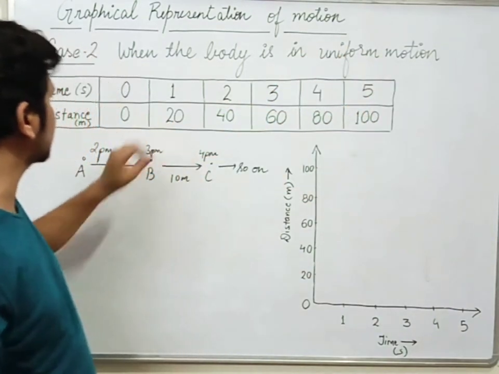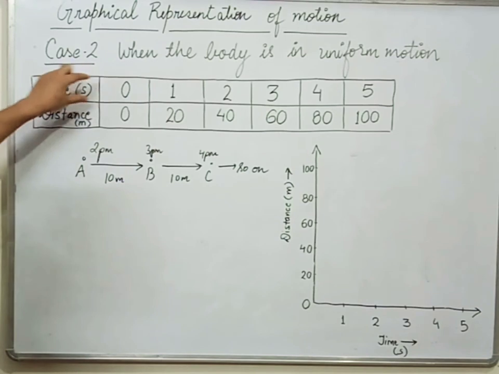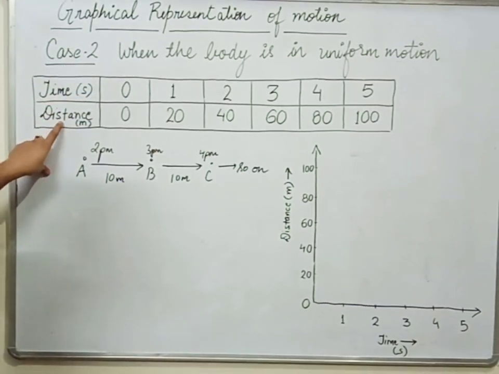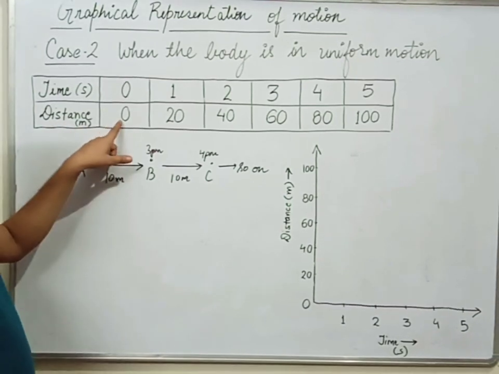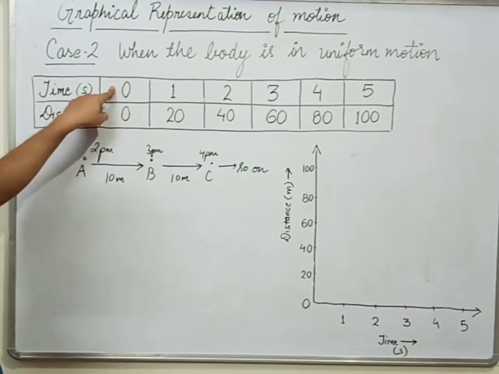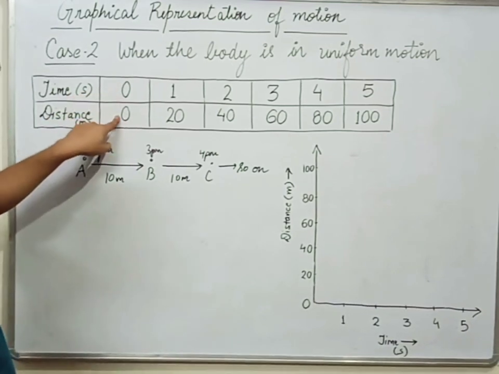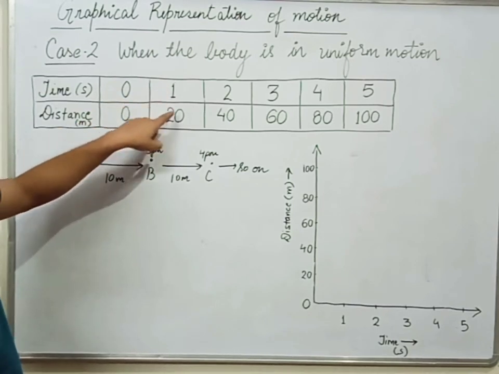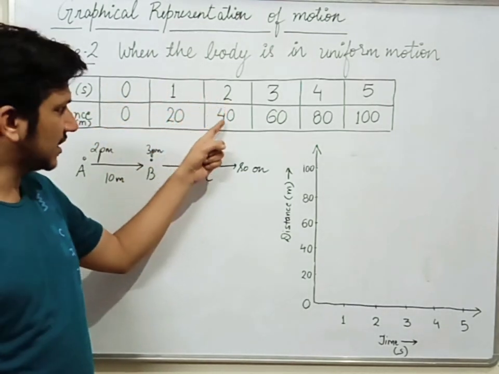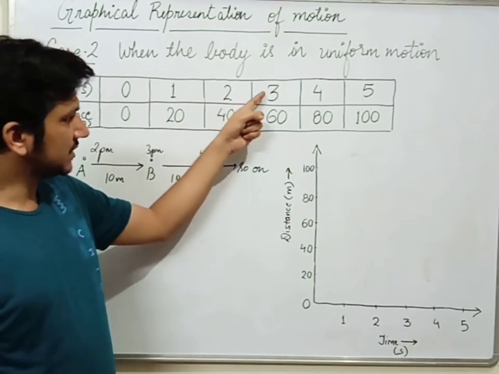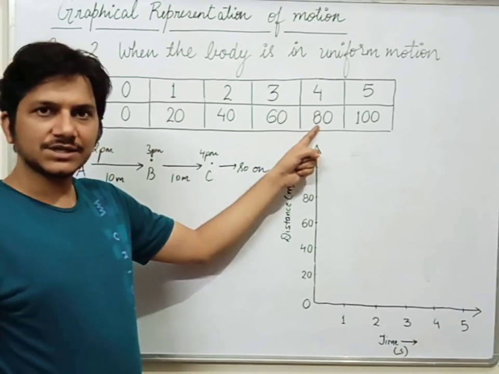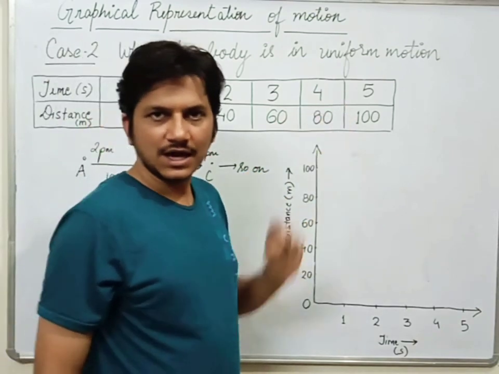You can see in this table, the first block shows time in seconds and the second block shows distance in meters. At 0 seconds it covers 0 distance, this is the origin. In 1 second it covers 20 meters, in 2 seconds 40 meters, in 3 seconds 60 meters, in 4 seconds 80, and in 5 seconds 100 meters.